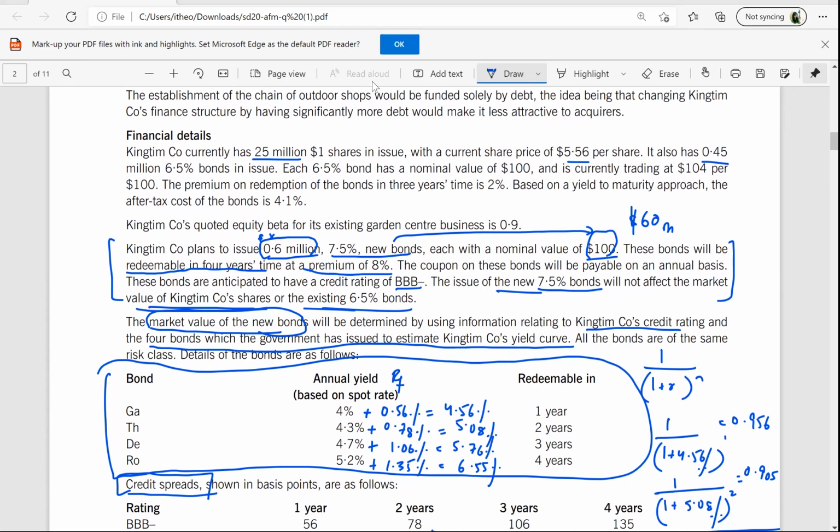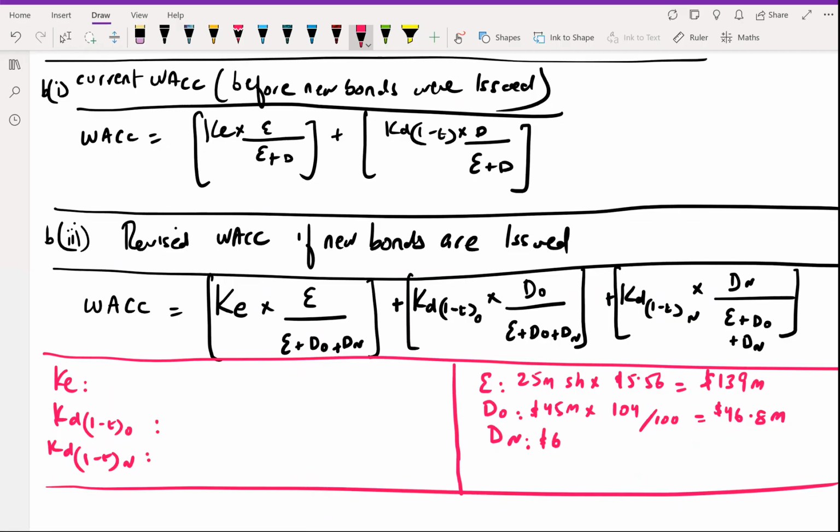Because if 0.6 million bonds at 100 are issued, the new bonds' book value is 60 million. And they are trading at 109.89 by 100, the market value which you just computed, so $65.93 million. Okay.